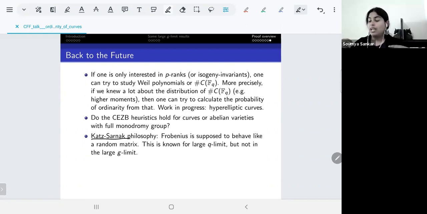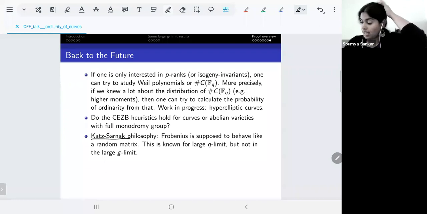But if you want to show a large G limit kind of equidistribution result, that's much harder. You might also need things like homological stability in order to actually prove something like that. So equidistribution of Frobenius is the big goal, but it's also an ambitious goal.